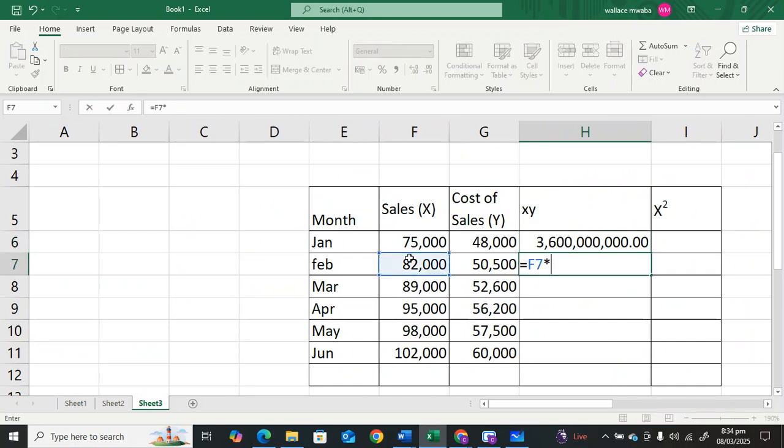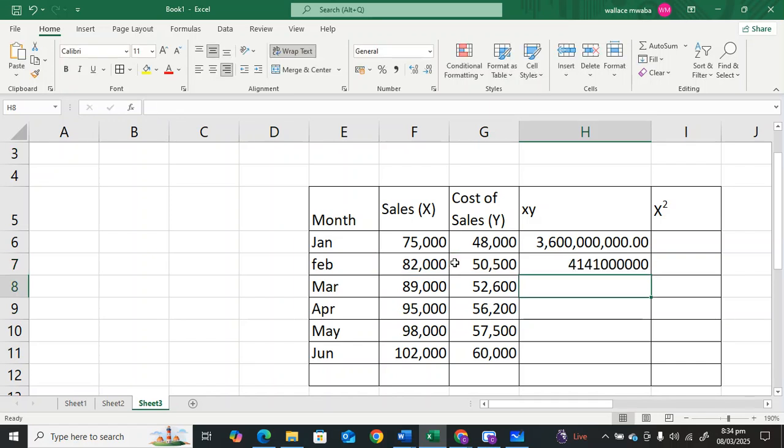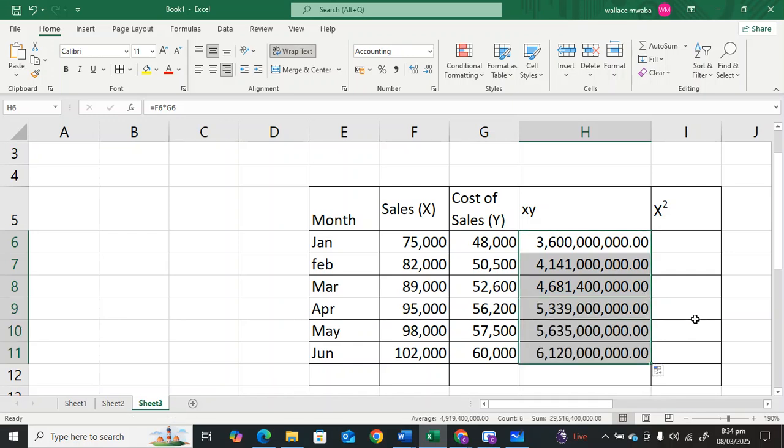It's 2,000 times 50,500. 89,000 multiplied by 52,600. You multiply all the values: x times y, x times y, x times y, x times y. Are we all okay with this, colleagues? Any questions?